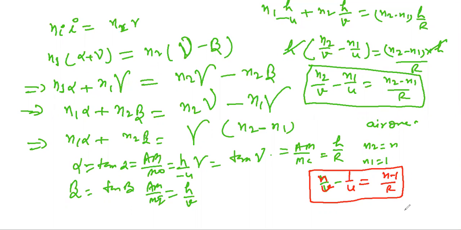So this is one derivation, you should practice it. Next is the converging and diverging action of lenses. In class 10th, you might have studied this. Why does a convex lens behave as a converging lens?